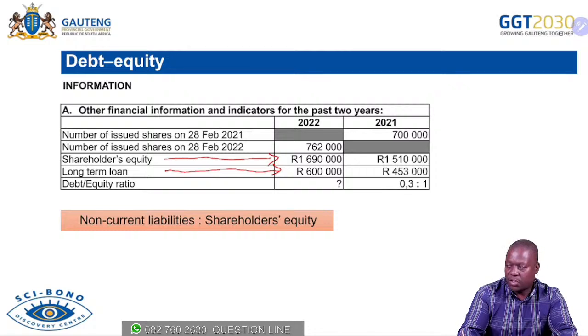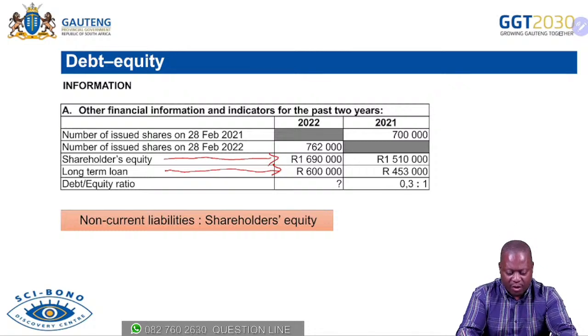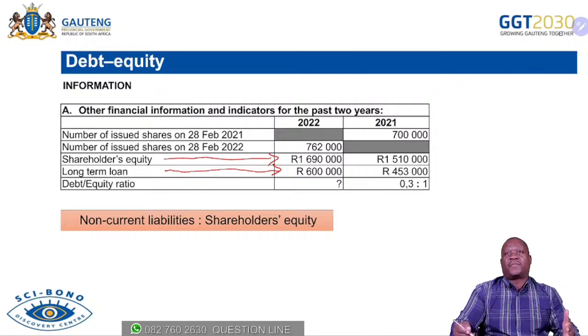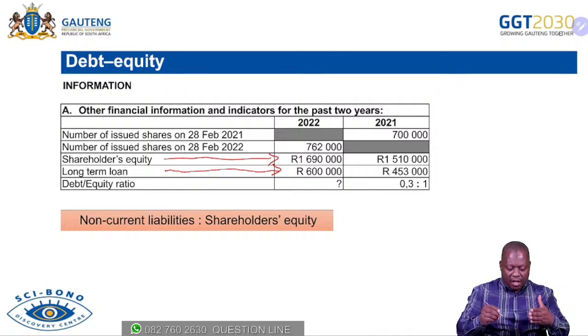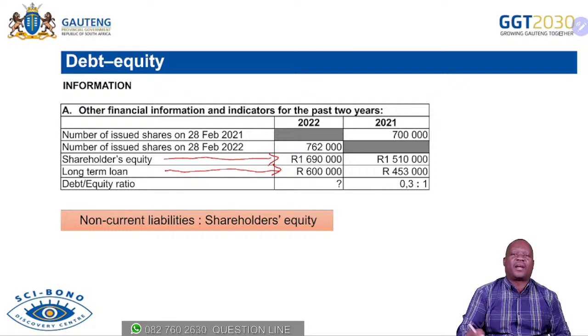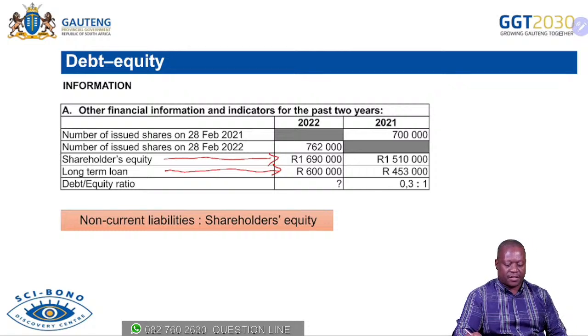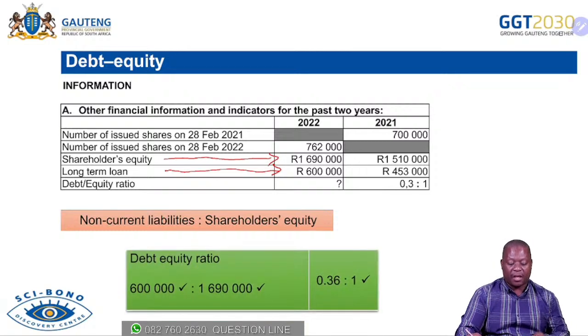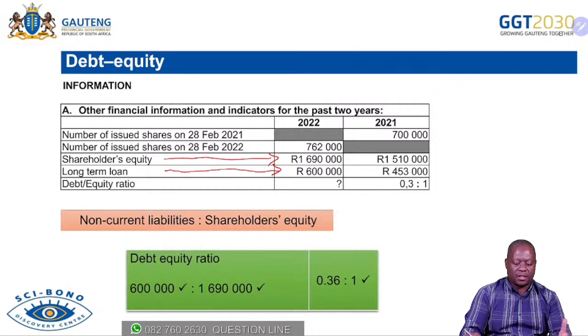Now we take this information into the formula so that we make life very easy for ourselves. So it is going to be 600,000 as to 1,690,000.